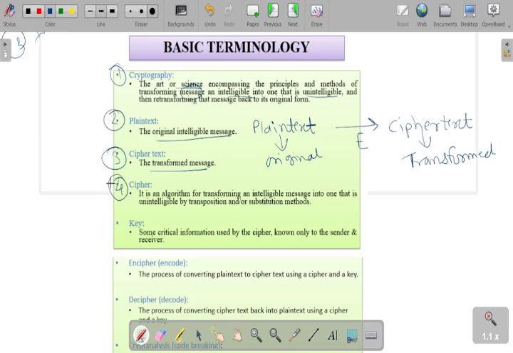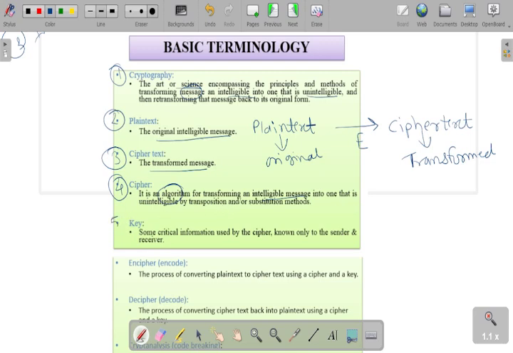Now the fourth term is cipher. A cipher is a kind of algorithm, and with its help we can convert our plaintext data into ciphertext data as well as ciphertext data into plaintext data. For this purpose, we use transposition techniques and substitution techniques.